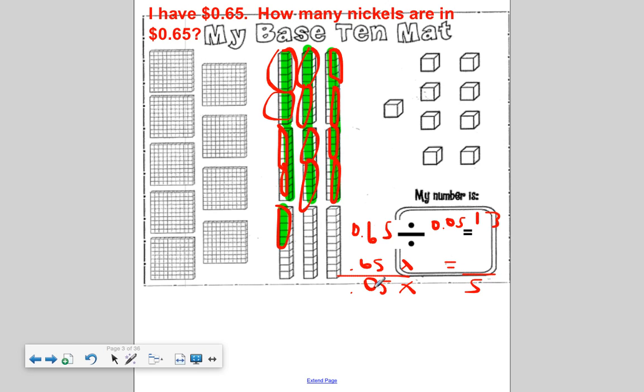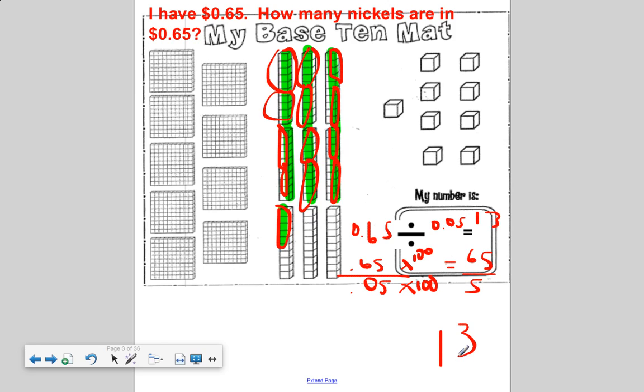Well, this is in the hundredths place, so I will multiply by 100. If you multiply 5 hundredths by 100, you get 5. If you multiply 65 hundredths by 100, you get 65. And if you divide 65 by 5, you will get 13 whole.